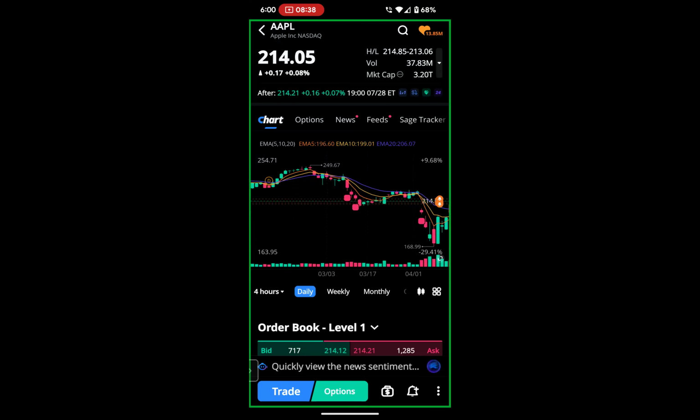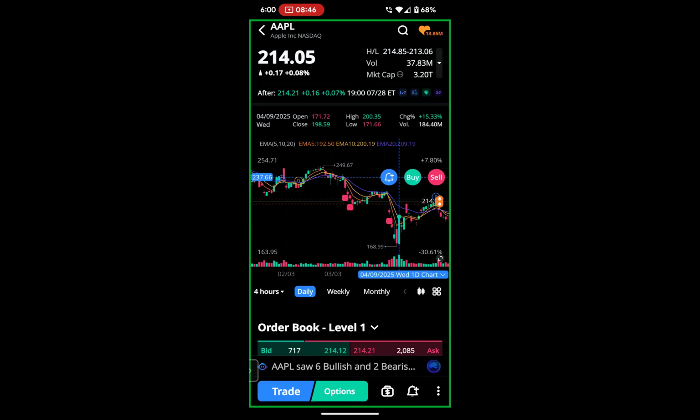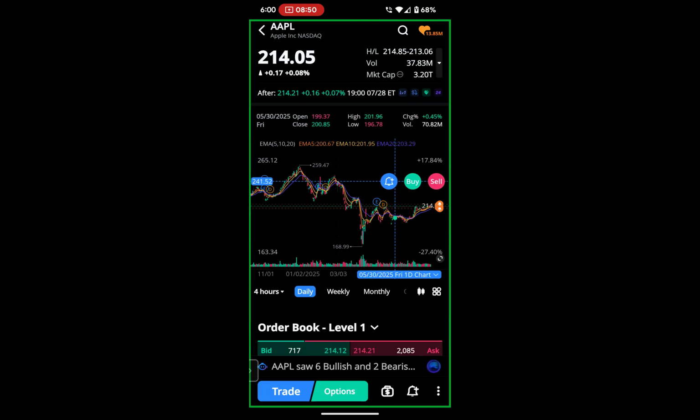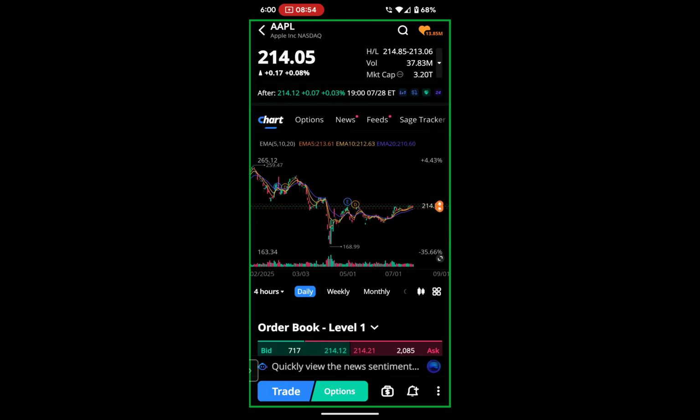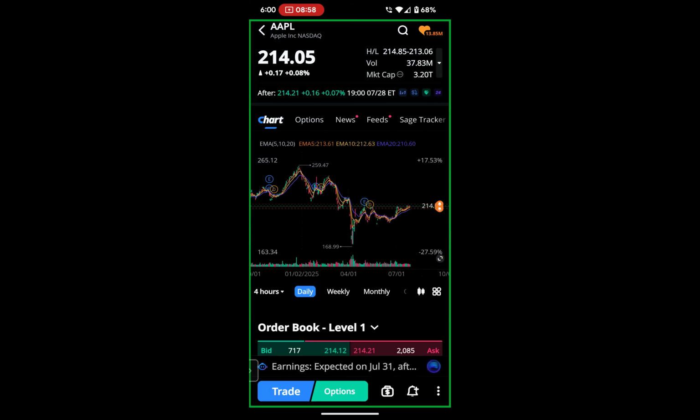It's a good sign: hey, it hit resistance and then decided to go back down the other way because it could not get past this area right here, which obviously has been resistance for a while. The same thing, you definitely want to look at the very top of the tips.